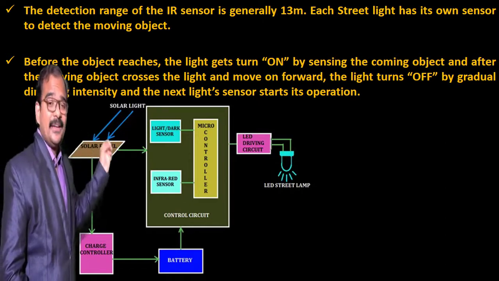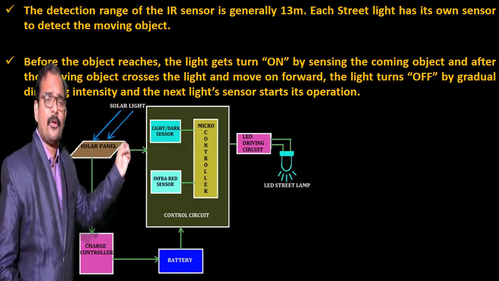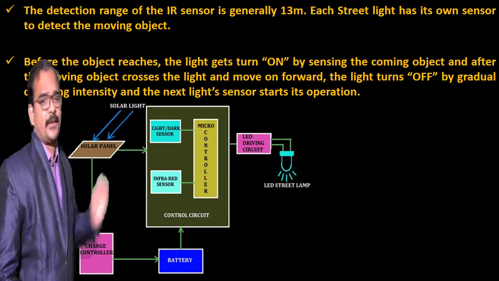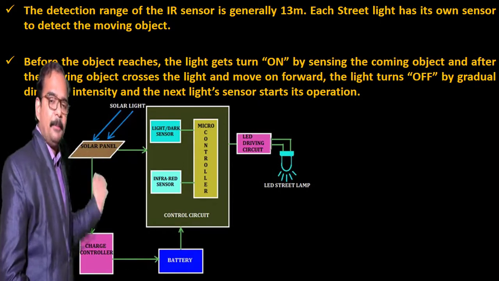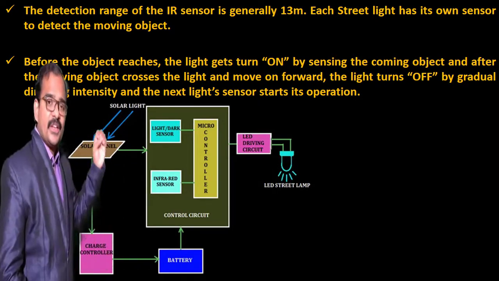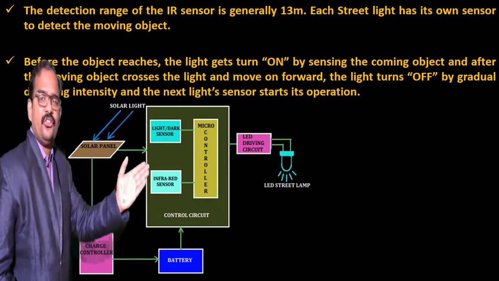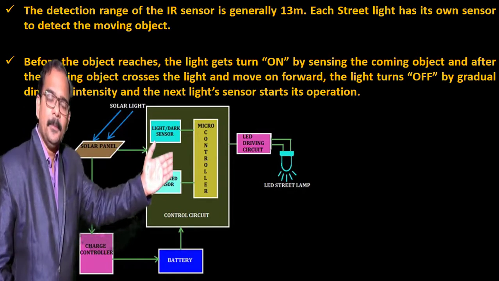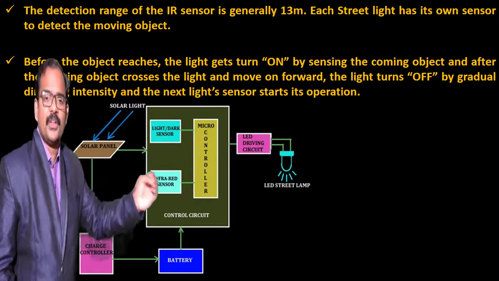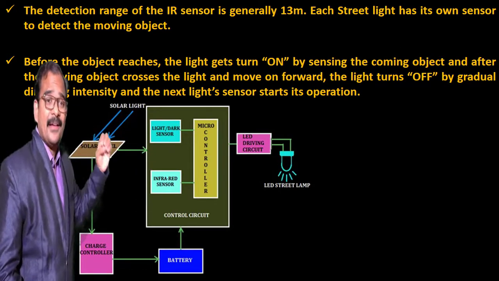Then this infrared sensor will give the signal to the microcontroller, and the microcontroller will turn on street light number 1, and the vehicle will pass through this street light. Street light number 1 will stay on until the vehicle crosses its range, that is, up to 13 meters. Up to that time, street light 1 will be in the on condition, but with a dimming light intensity.